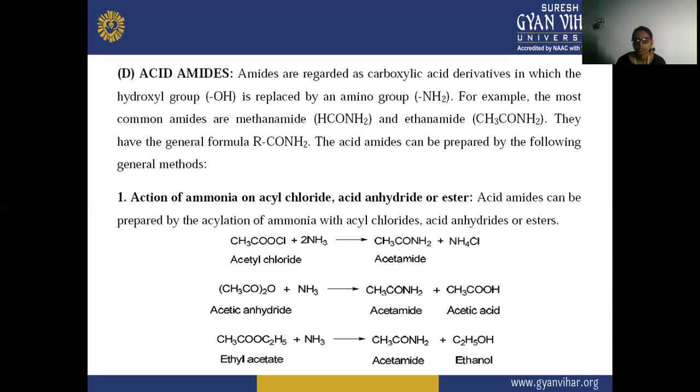So acetamide can be prepared by acylation, meaning the ammonia is doing the acylation with the acyl chloride, acid anhydride, or esters. In the first example, there is acetyl chloride with ammonia. Here you can see CH3COCl.